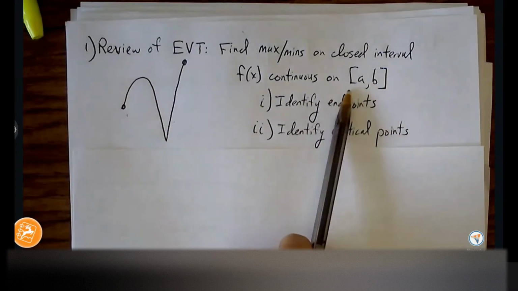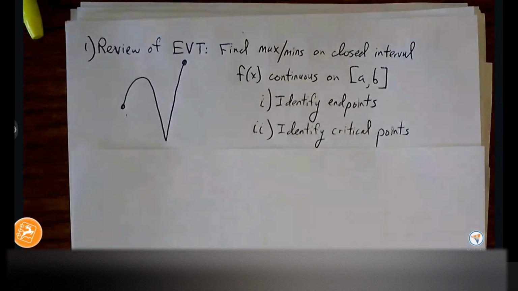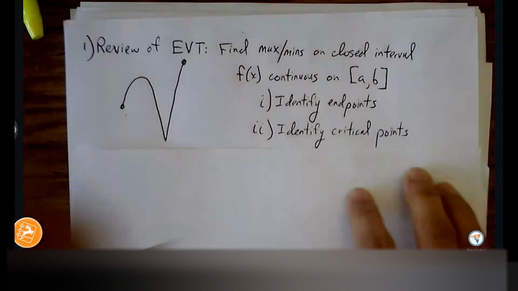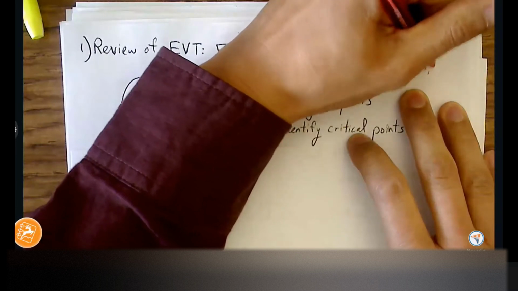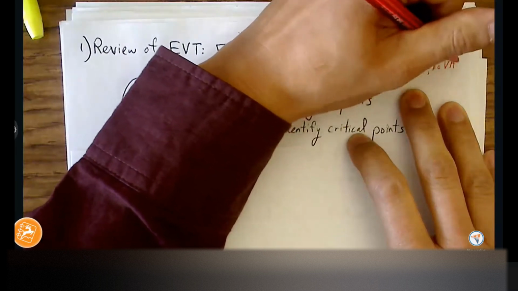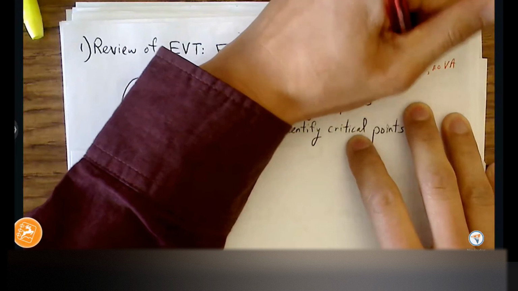The first thing we need to establish is that the function is continuous on the closed interval. So make sure that there are no holes, that there are no asymptotes on the closed interval. It's okay if there are holes and asymptotes as long as it doesn't impact the interval. So no holes, no vertical asymptotes on the interval.